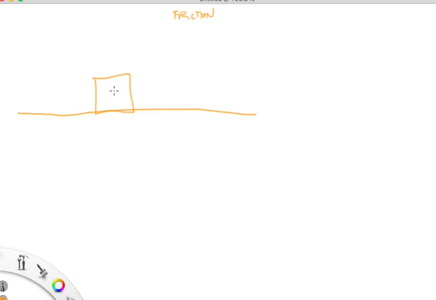The box is moving, but it's slowing, because of friction. All right, so we know a couple things.